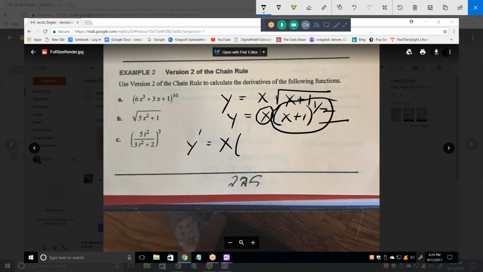That's v. 1/2 x plus 1 to the negative 1/2. Good. Now what's the rest of it? In other words, that's just the first part. That's u, v prime. And then the next one would just be x plus 1 to the 1/2. Correct. And that's your answer.